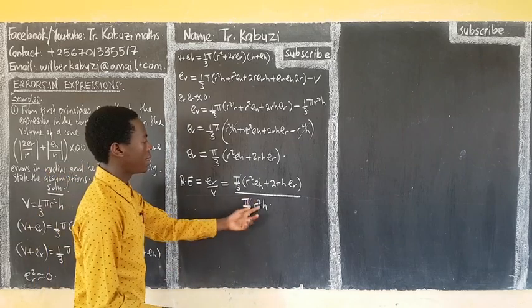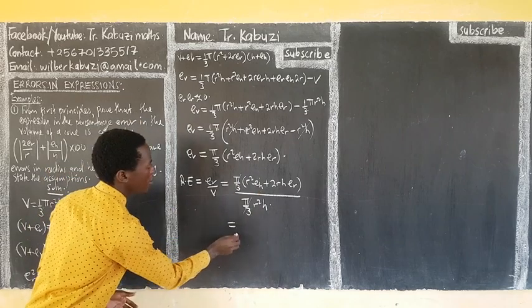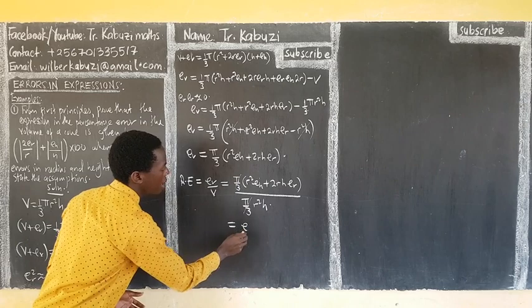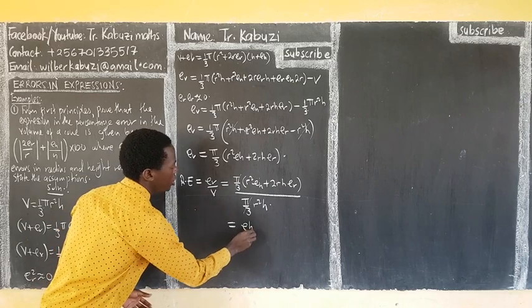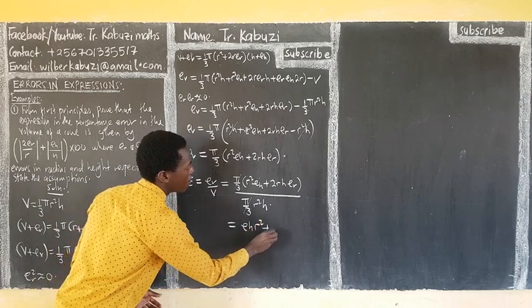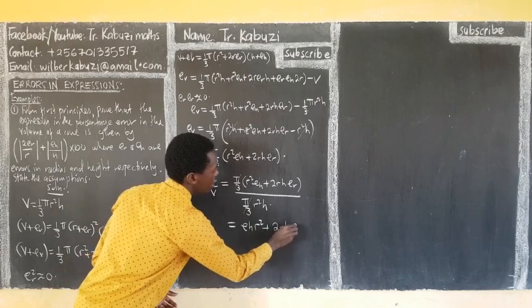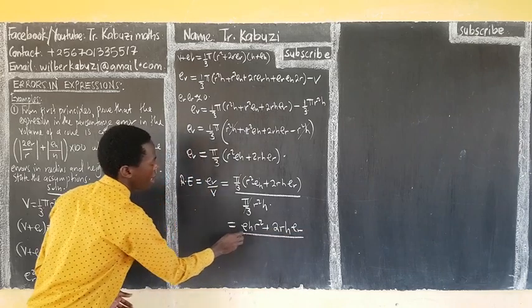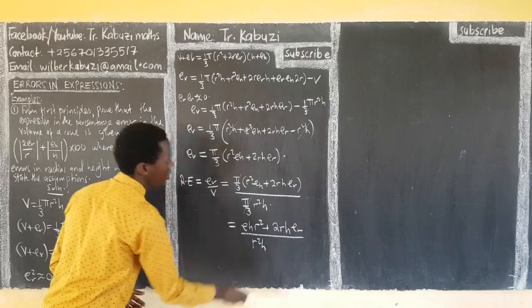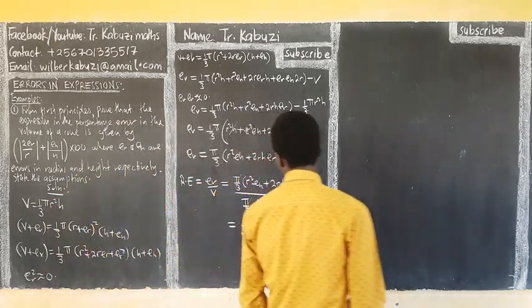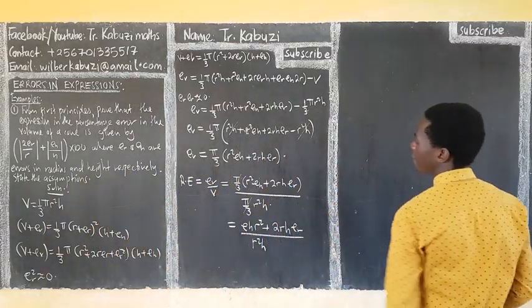So now I have r squared eh plus 2rh er, the whole thing I'm dividing with r squared h. From here, I see that we can easily separate. This divides this and this divides this.